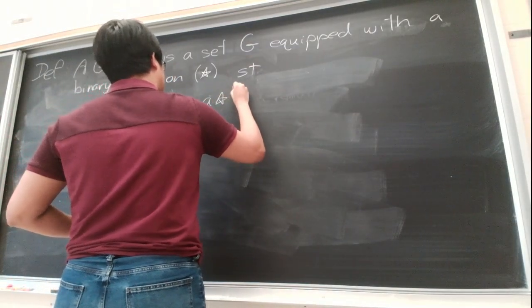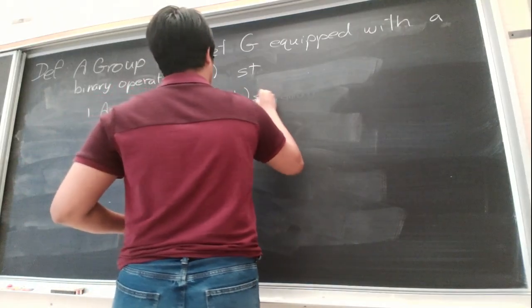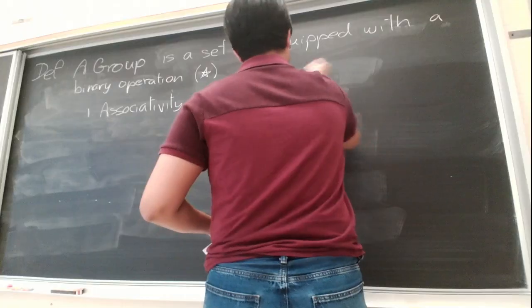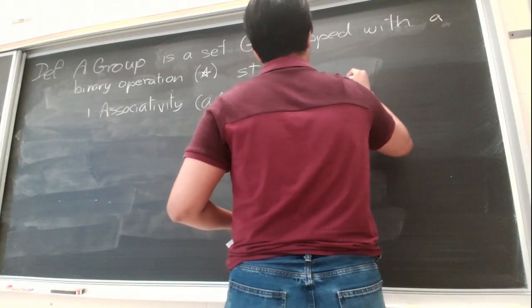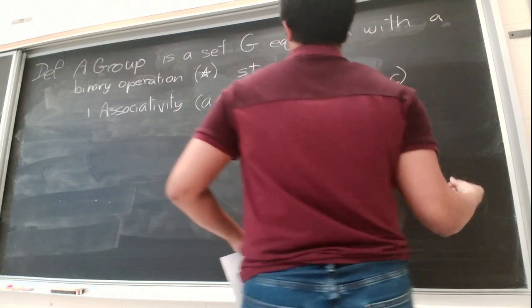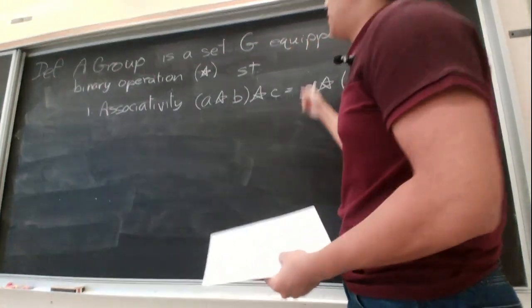(A star B) star C is equal to A star (B star C) for all A, B, C inside of G.